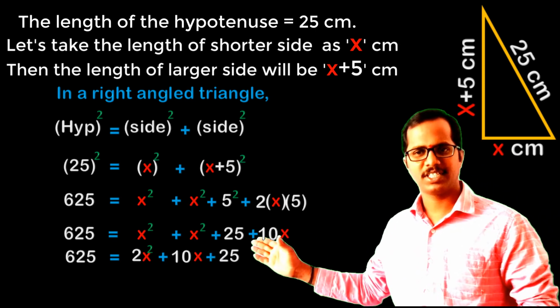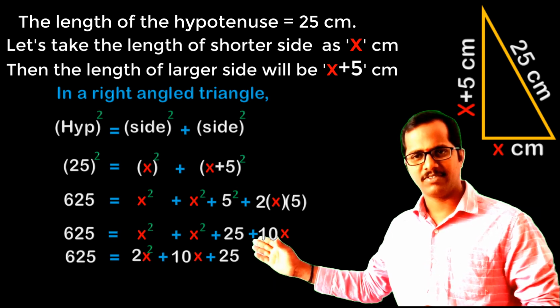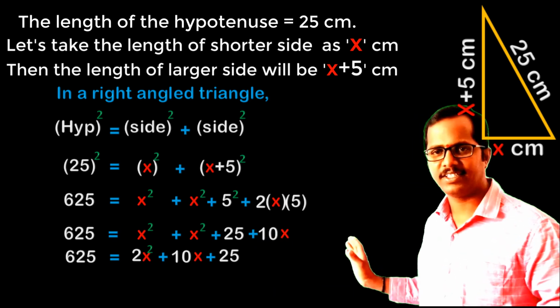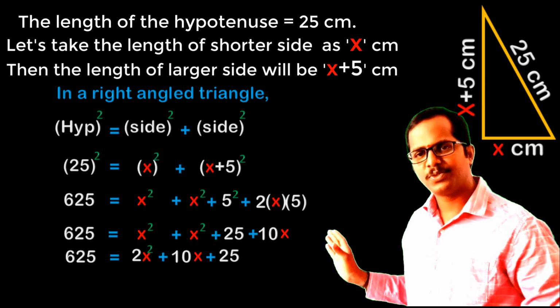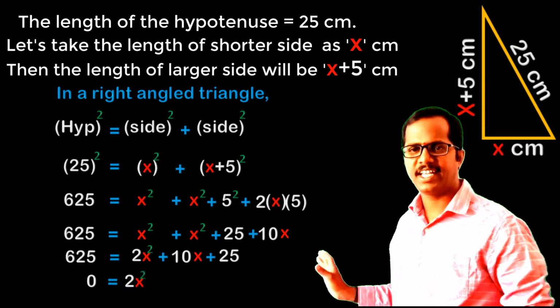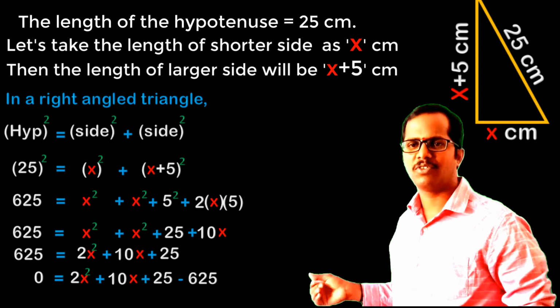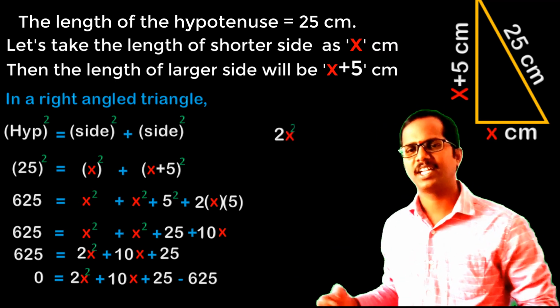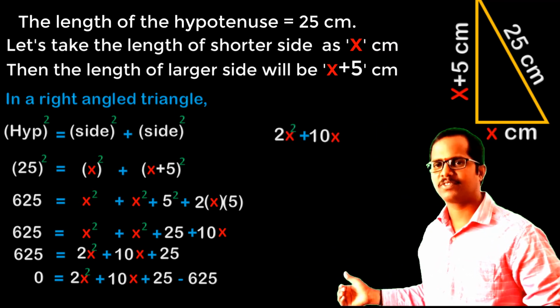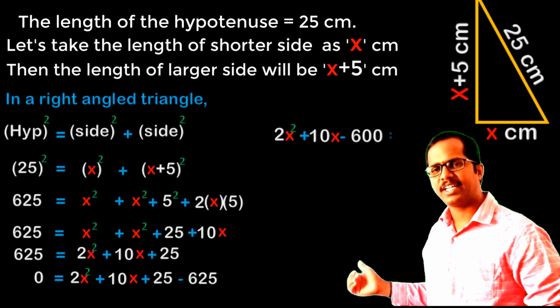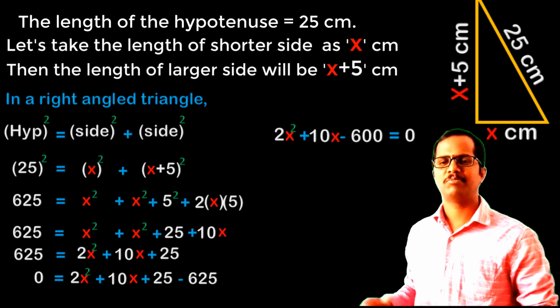Now by transposing 625 to the right hand side we get 2x square plus 10x plus 25 minus 625, which equals 0, and by simplifying this we get 2x square plus 10x minus 600, which equals 0.